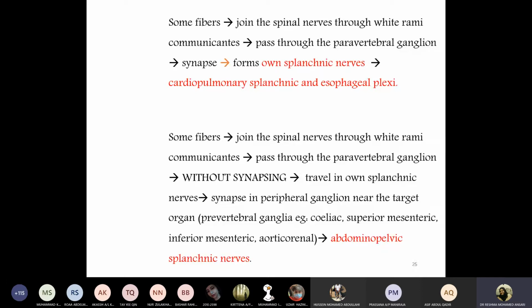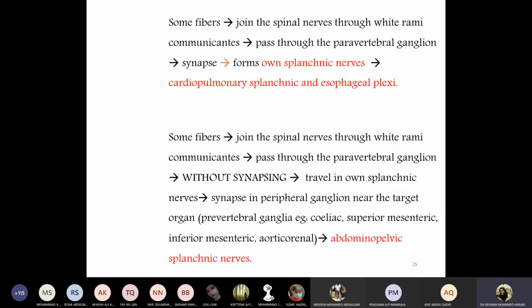Type number 2, which supplies the heart, lung and esophagus, goes via white rami to the ganglia, but then leaves from the ganglia directly to the heart, lung and esophagus. So they are called splanchnic nerves. Splanchnic means viscera or internal organs. The third type will go from the spinal nerve through white rami communicantes.